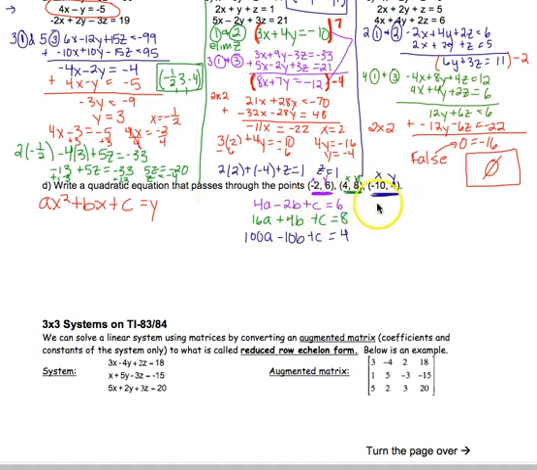I'm going to do equation 1 with equation 2. I'm going to multiply equation 1 by -1, so -1 times equation 1 with equation 2. That would change all my signs on equation 1. So I'm going to have -4 plus 16, which gives me 12a.